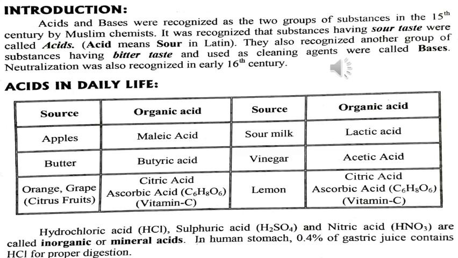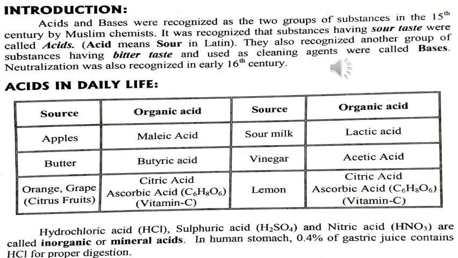What are acids, bases, and salts? Nearly all fruits and foods contain acids. Lemons, oranges, grapefruits contain citric acid.